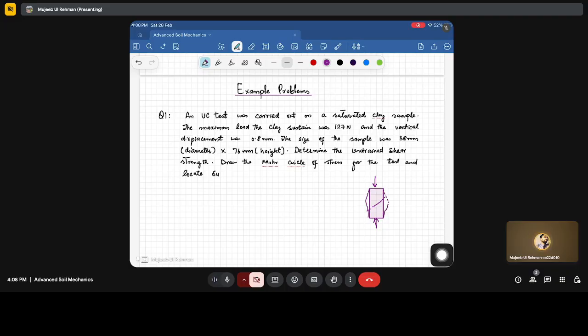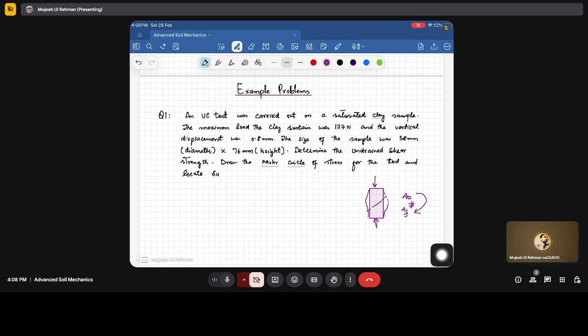So the initial area is A naught, and the final area Af will not be the same. So we have to do the area calculation, and then calculate the corrected load and the corrected undrained shear strength.